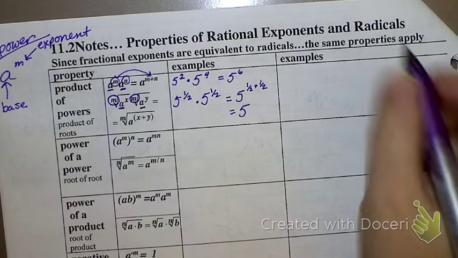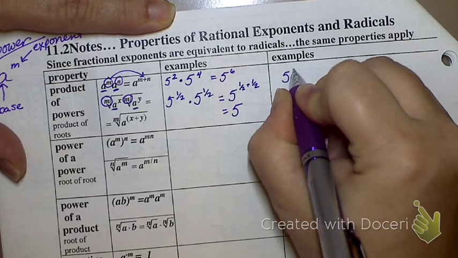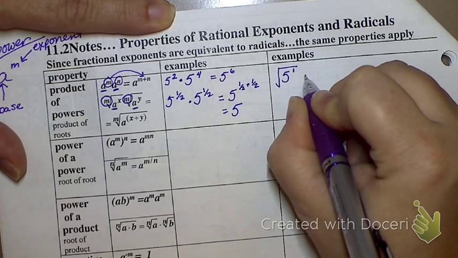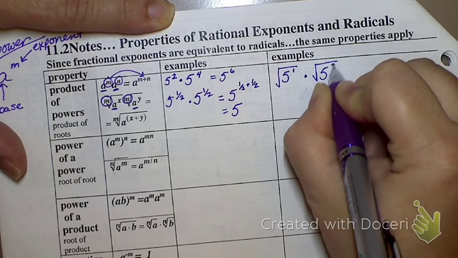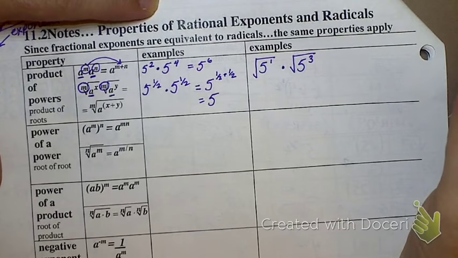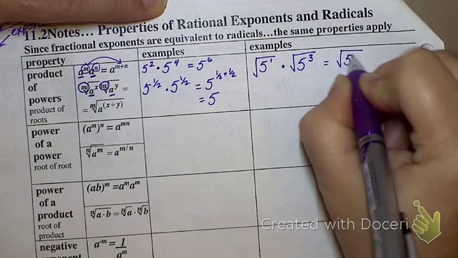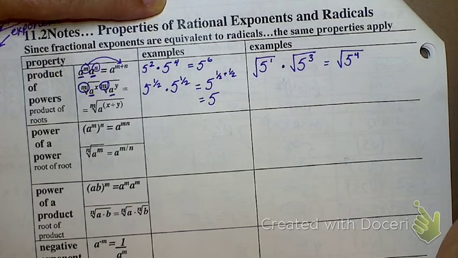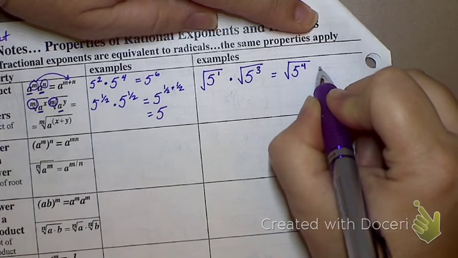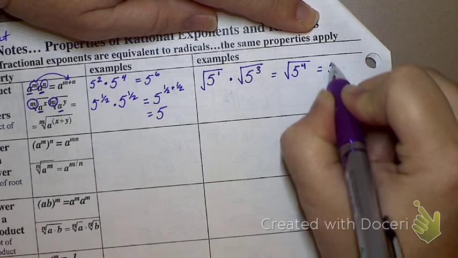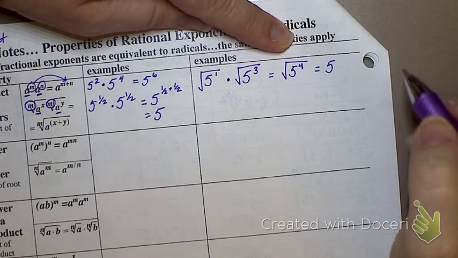So. Here's another example if it was in radical form. If I had 5 to the first like this and something like this, wouldn't that give me the square root of 5 to the fourth? Right? Because I would add those exponents. Well, the square root of 5 to the fourth, again, I think it's just easier to go to exponent form. What would my exponent be if I changed the square root of 5 to the fourth to exponent form?